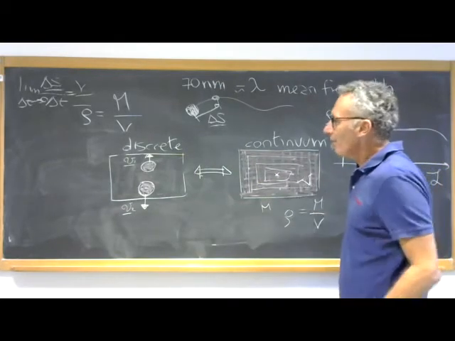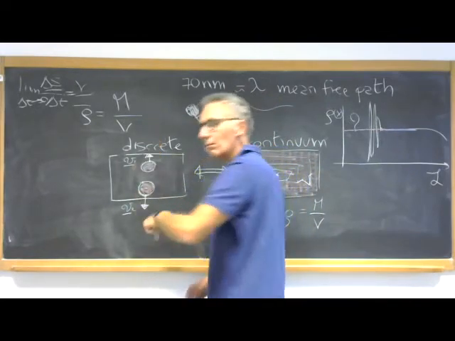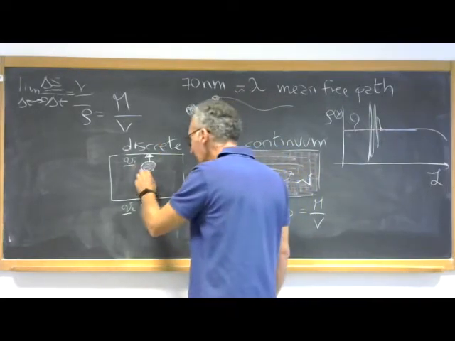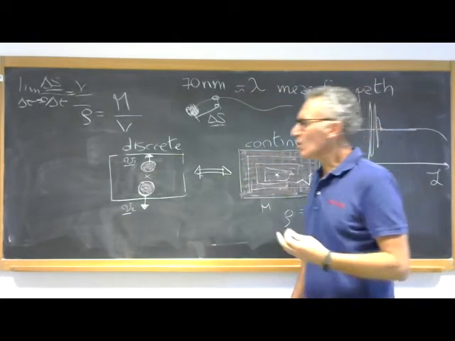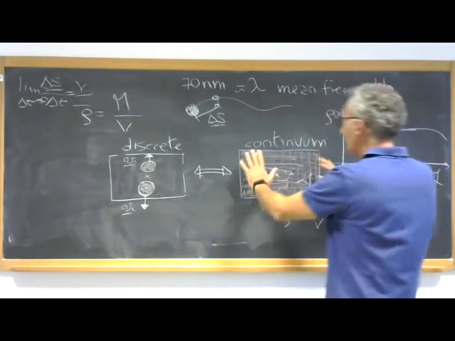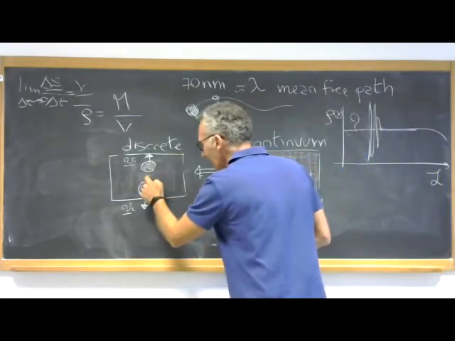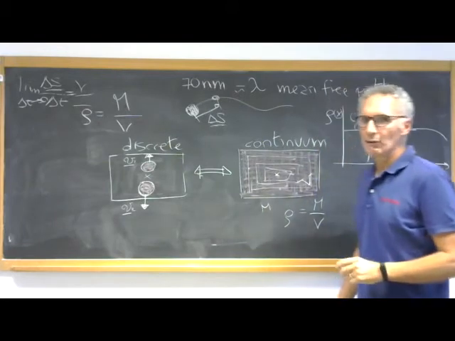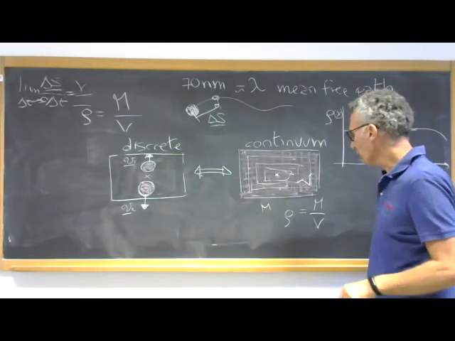Well, I might think that since one molecule is going up and the other molecule is going down, the center of mass of the system will not move. And so I assume that the velocity of this continuum material is the velocity of the center of mass of the system at any instant. Well, so far so good.